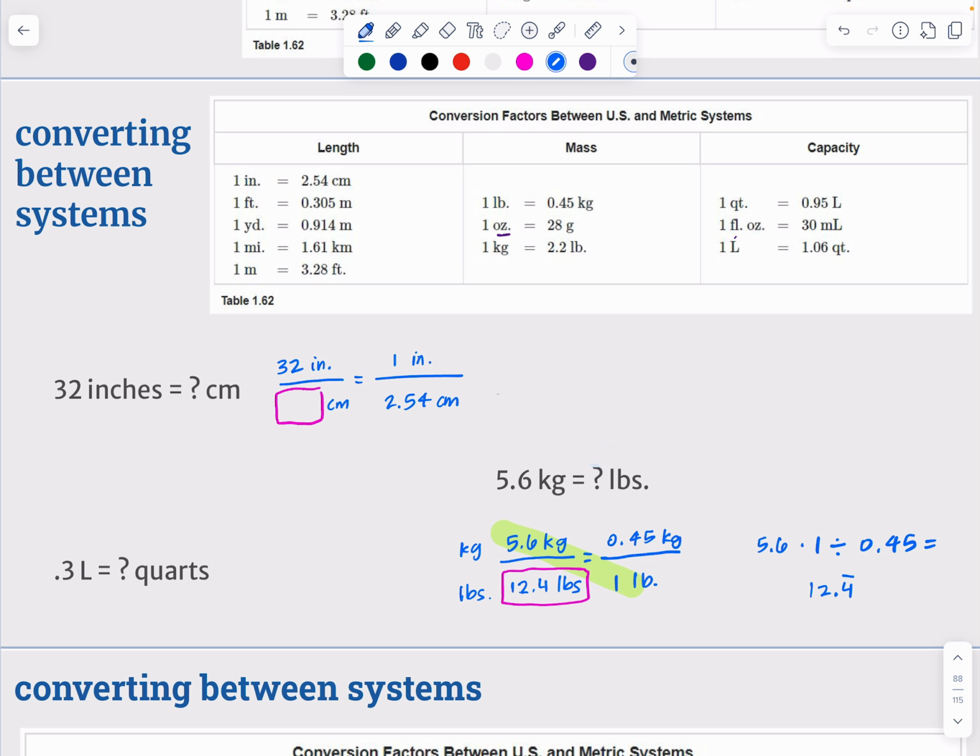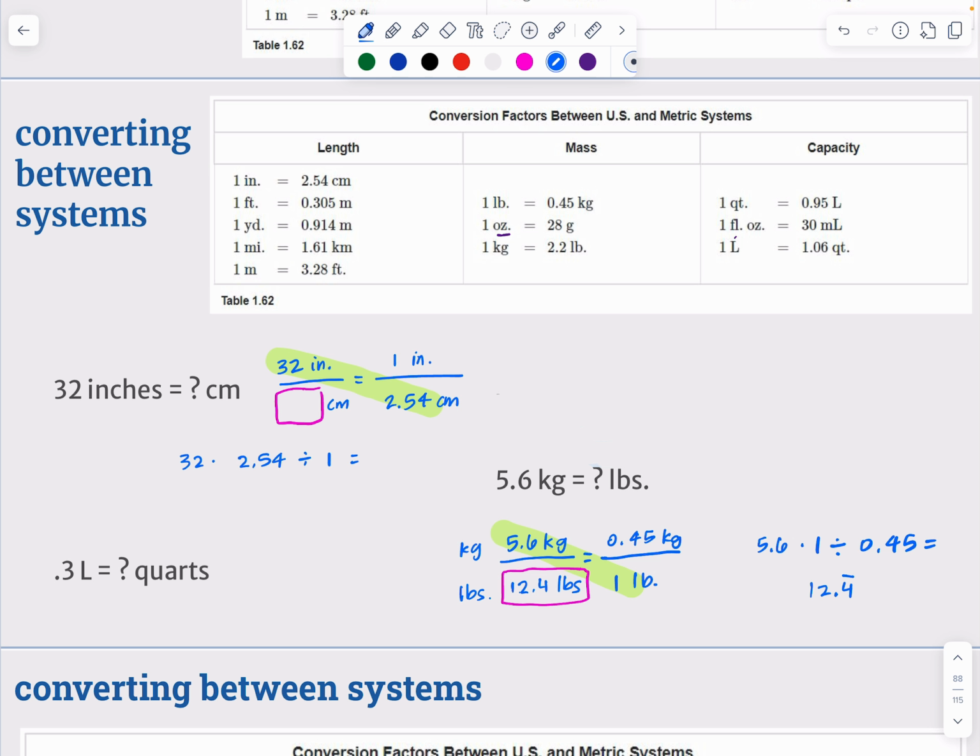And again, here I'm going to think about cross multiplying. This time the diagonal numbers are going to be the 32 and the 2.54. And I'm going to multiply those together and then divide by the third number, which in this case is just 1. So really this is just kind of a multiplication problem.